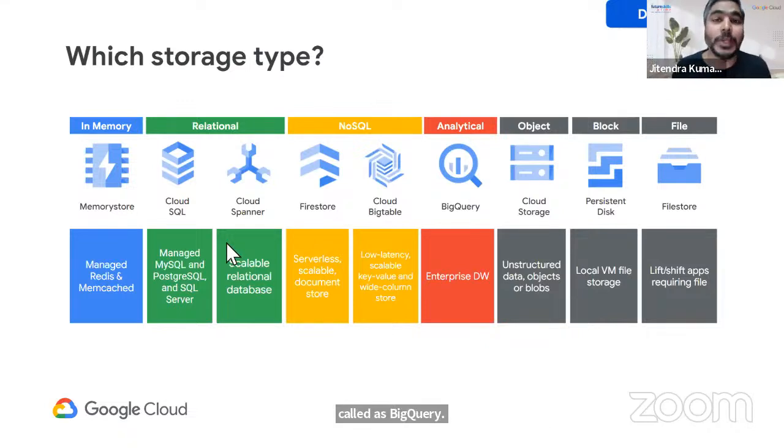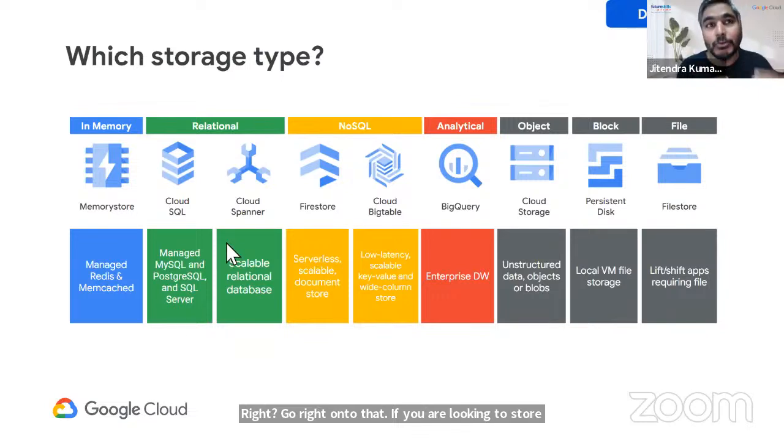If you are looking to store your unstructured data, where you do not have a typical standard row and column structure or a key value pair structure, but maybe you treat your files and objects as a lump of bits and bytes, it's all unstructured data.